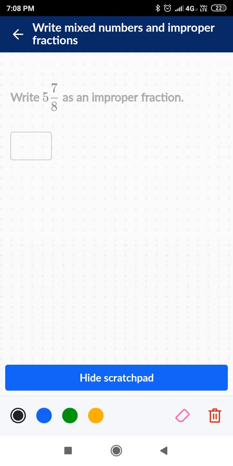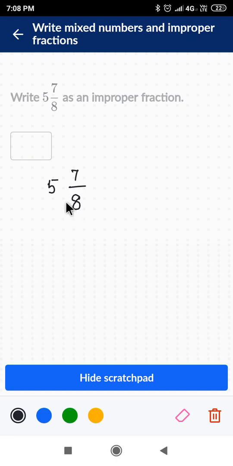Write 5 and 7 by 8 as improper fraction. I have explained to you the logic of how mixed numbers are converted into improper fractions. Now I am going to show you an easy to remember technique.